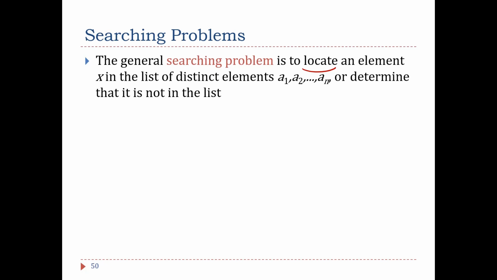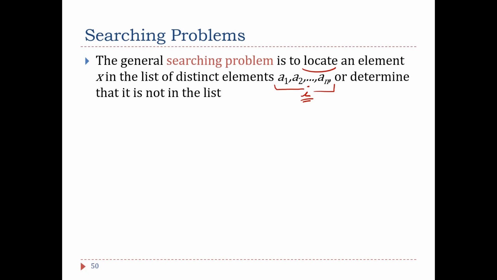So if we find that the element exists at position number I, we would return I, but just in case the element does not even exist in the list, we return an unexpected value.